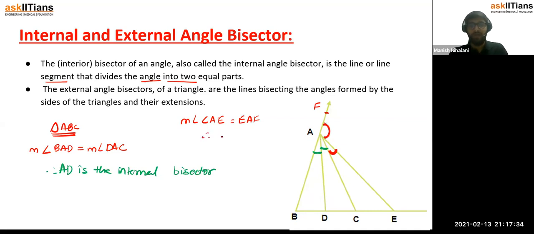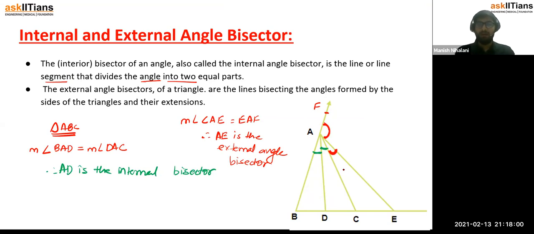Therefore we would say AE is the external angle bisector, wherein AE is bisecting angle CAF, right? So this is about internal and external angle bisectors. The rays or line segments which bisect the external angle are called external angle bisectors. The line segment which bisects the internal angle is called the internal angle bisector.